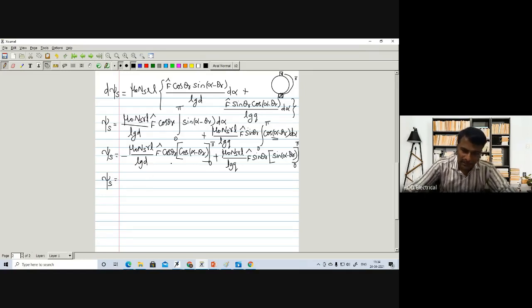Then in this case we will substitute alpha equal to pi in this section. Therefore if we substitute cos of pi minus theta r, we will get minus cos theta r, then sine of pi minus theta r, we will get sine theta r.